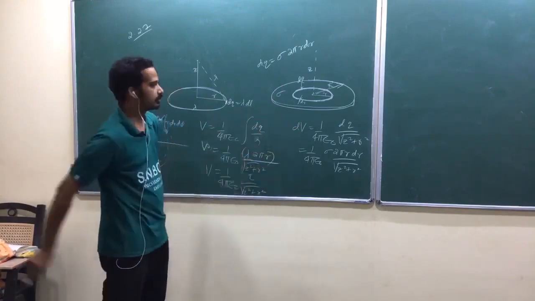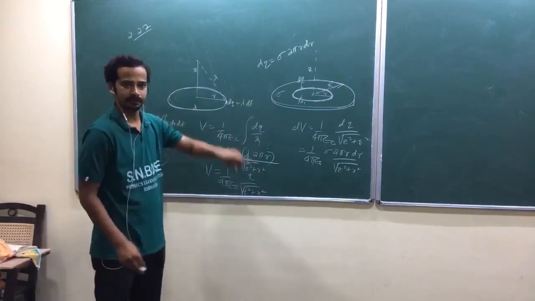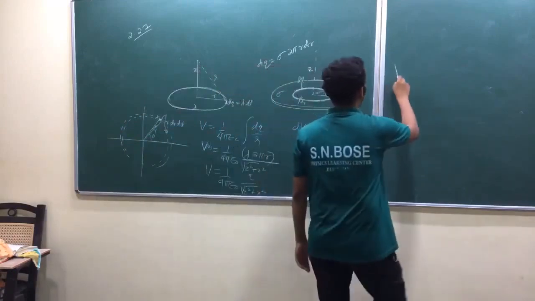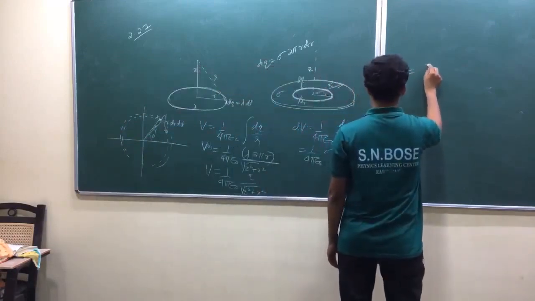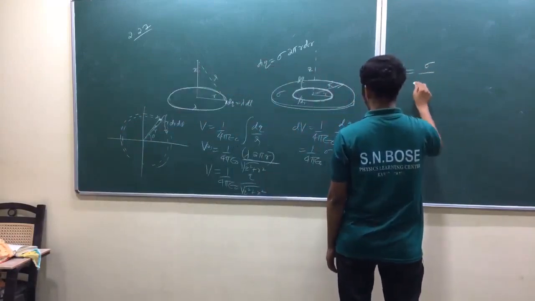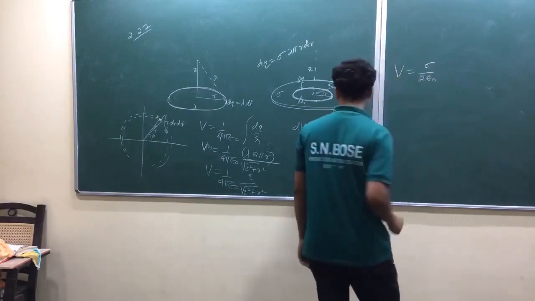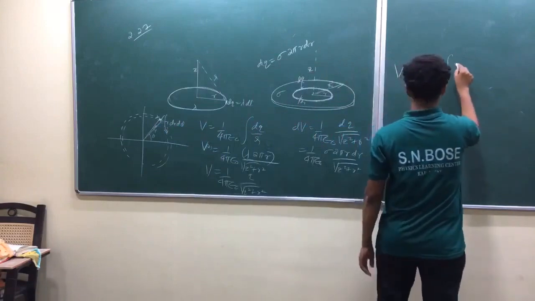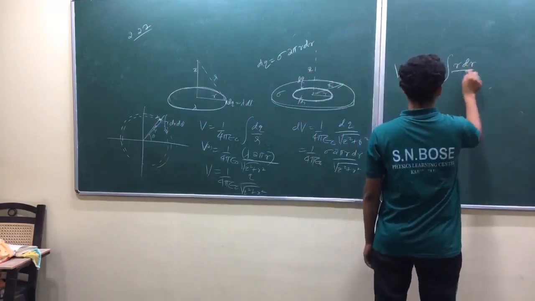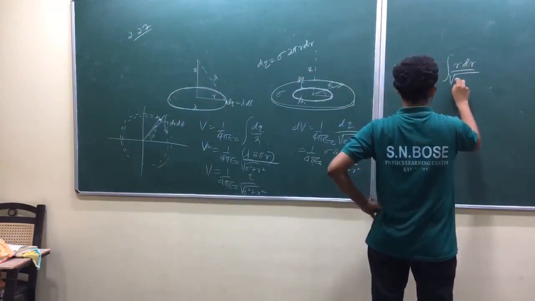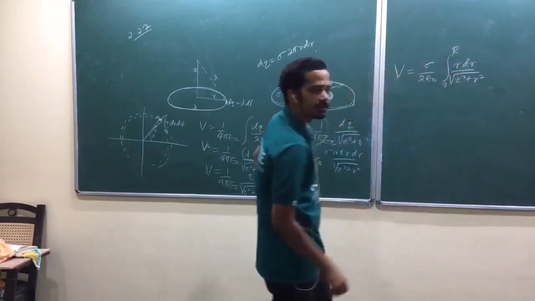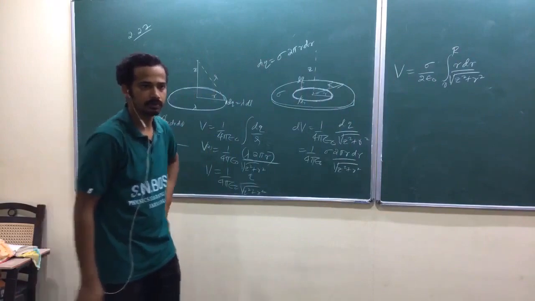Now I converted that one into sigma and dr using again that idea. Okay, so just find the potential, sigma by 2 epsilon naught. Am I right? 2 pi by 4 pi, integral r dr divided by root of z square plus r square, 0 to capital R. I need this answer. You have direct answer.